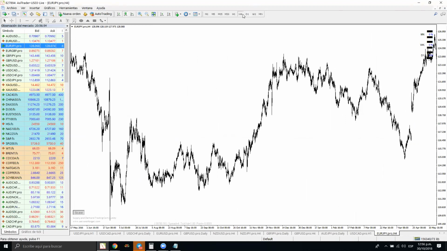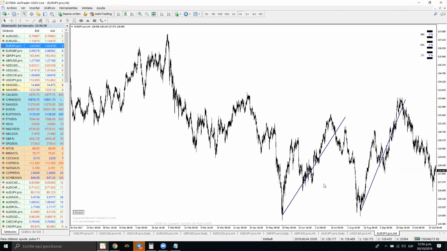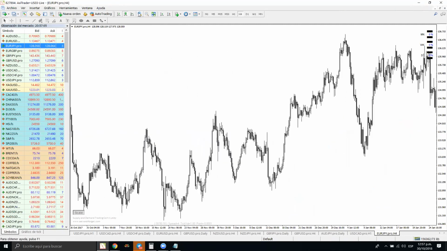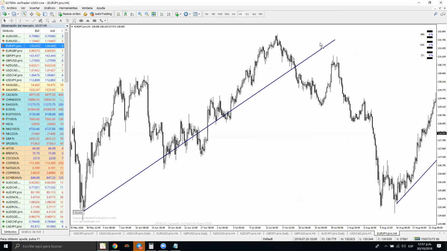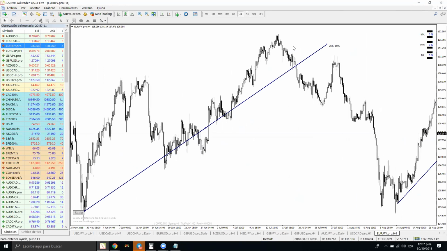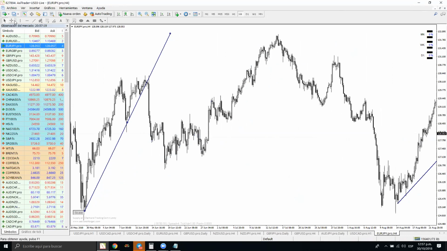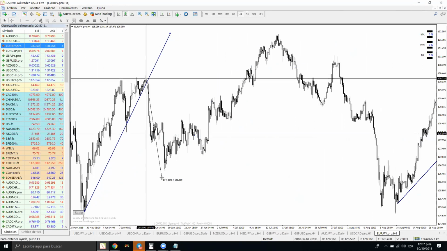So now in H4, we understand we need to wait for the price to rise up, like this example that I marked before in the H4 time frame. At this time, we understand the market is rising up. This is the best moment for this pair, for every chart, when the price is going up, because you know in some moment the price will correct.